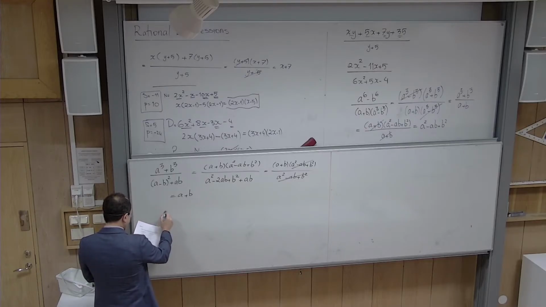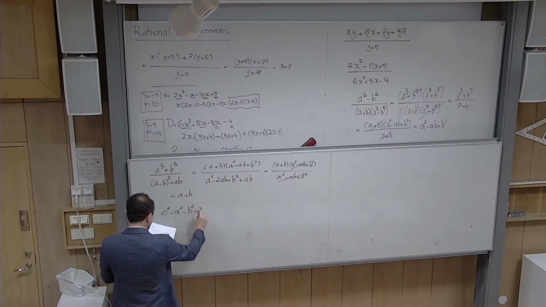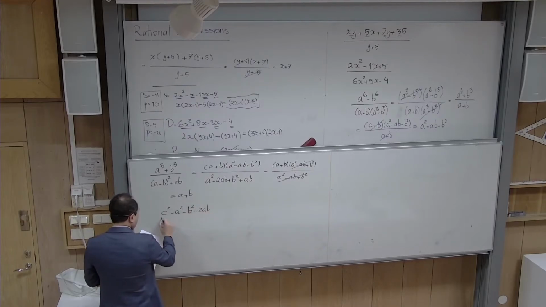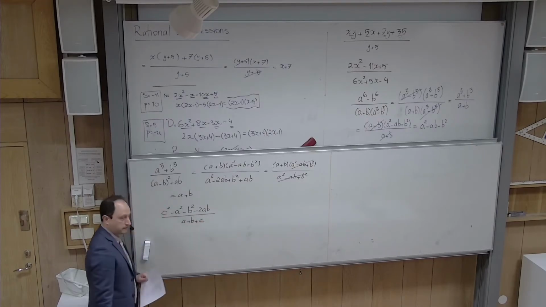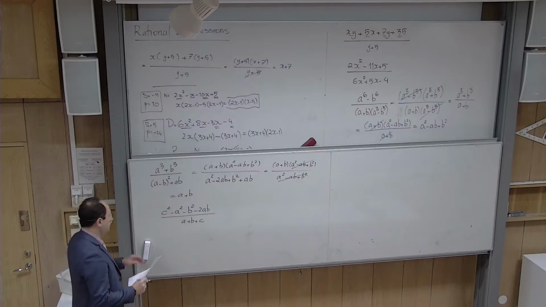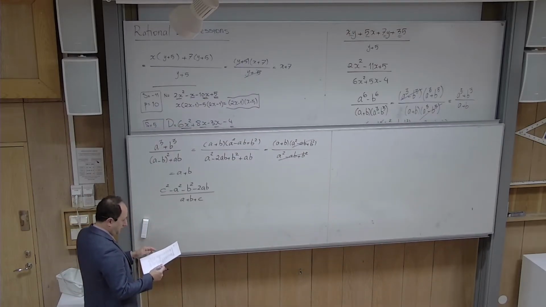So one is c squared minus a squared minus b squared minus 2ab divided by a plus b plus c. Okay? I want you to simplify this as much as you can. You continue until I am writing the other one.